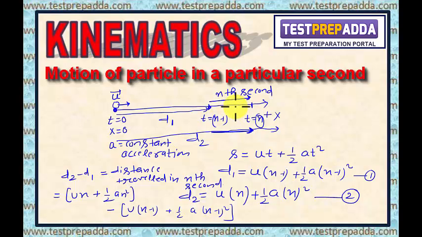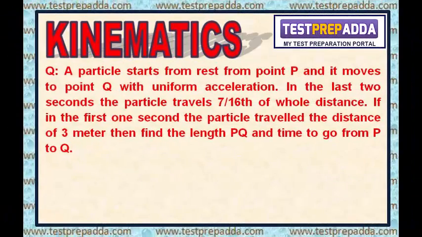Now to understand this in a better manner, I'll take two questions here. Here the question says, a particle starts from rest from point P and it moves to point Q with uniform acceleration.